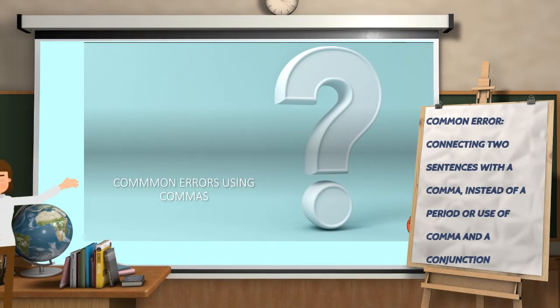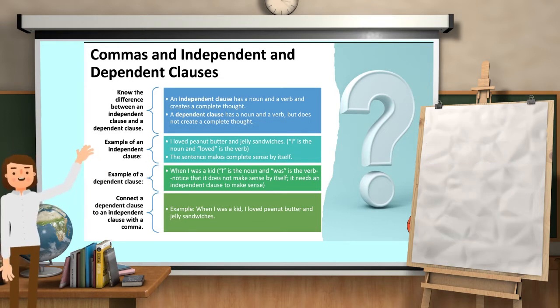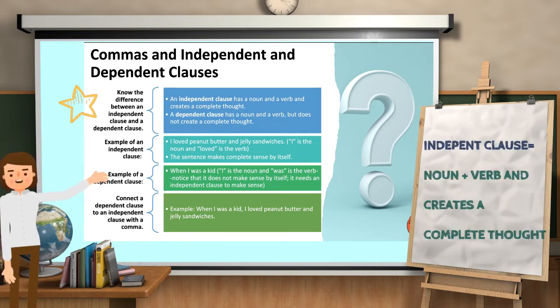Some common errors with using commas are students tend to want to connect sentences with a comma instead of putting a period or using comma and. So what they need to know is why you can't use that comma. Students need to know that an independent clause is a noun and a verb that create a complete thought.